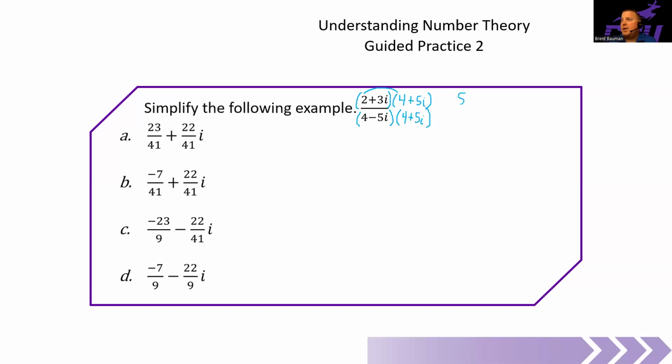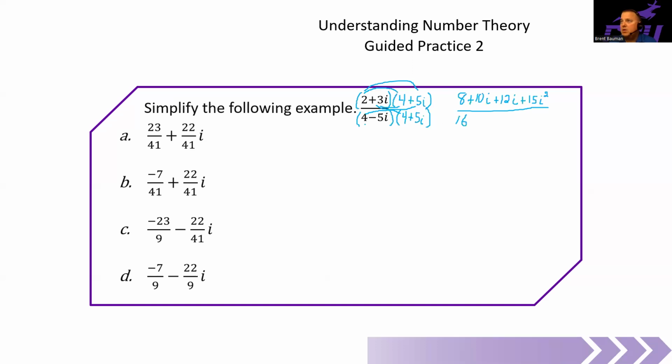So we get 8 plus 10i plus 12i plus 15i squared, all divided by, on the bottom, here's, maybe you can see it already. We have 4 times 4 is 16.